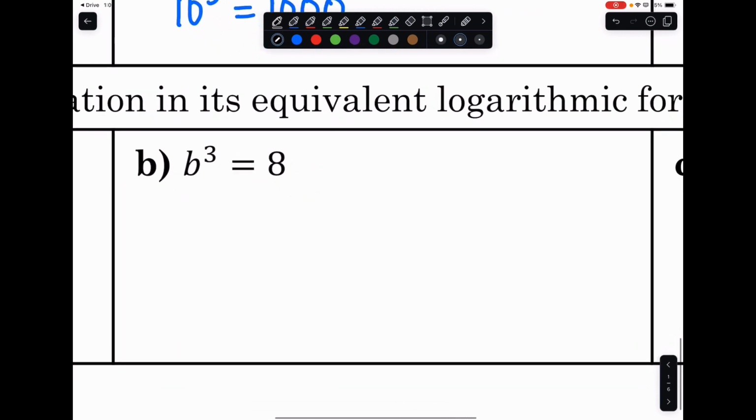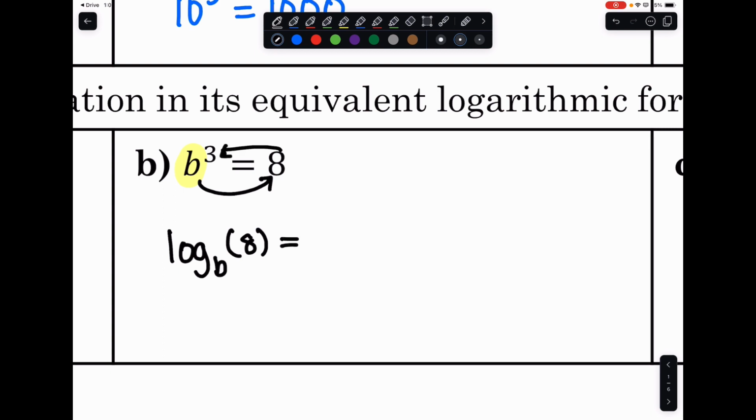So to write this into its equivalent log function, again, our base is b. So this is going to be the log base b of the value 8, and the log with base b of 8 equals the exponent of our exponential equation, which is 3.